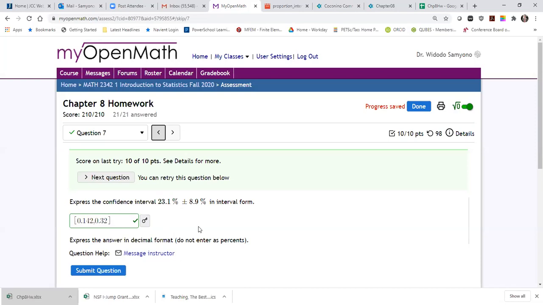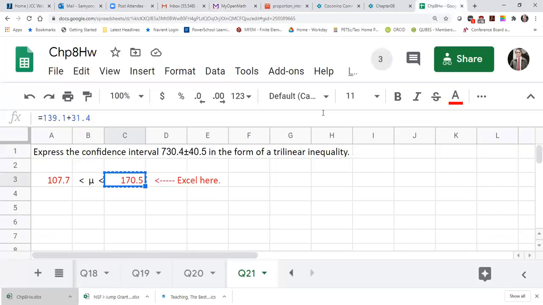Okay. I did that. Yeah. You have to make sure you change to the correct decimal number. Okay. So for the right side, you need to change to 0.089. So there is 0 after the point. Okay, let me show you here in the Excel. Number 7, right?